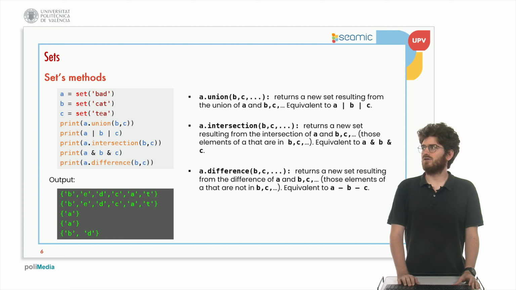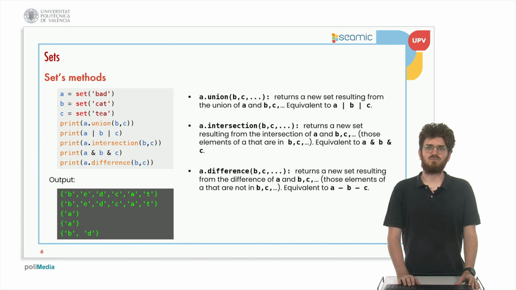And we can also use union, intersection, and difference operations. So, for example, a union is equivalent to adding all the elements from a set to a larger set. We can also use the intersection, which means finding the common elements in multiple sets. And we can do so with the union or intersection methods, or we can also use the operators bar and ampersand.